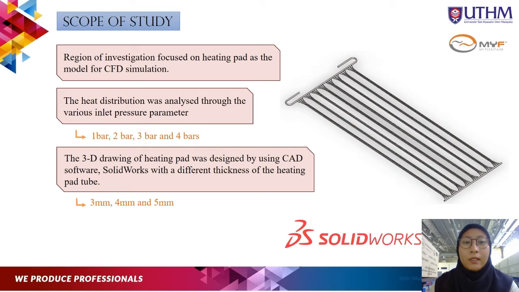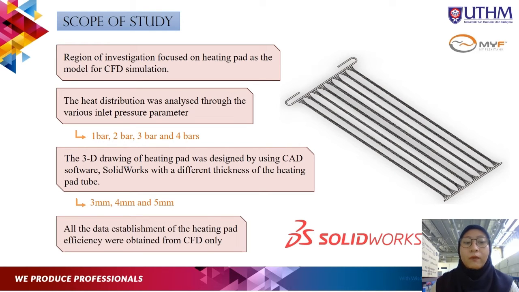Next, the heating pad is designed using the CAD software SolidWorks with different heating pad tube thicknesses, which are 3 mm, 4 mm, and 5 mm. Lastly, the data on the heating pad efficiency are obtained from the CFD only.